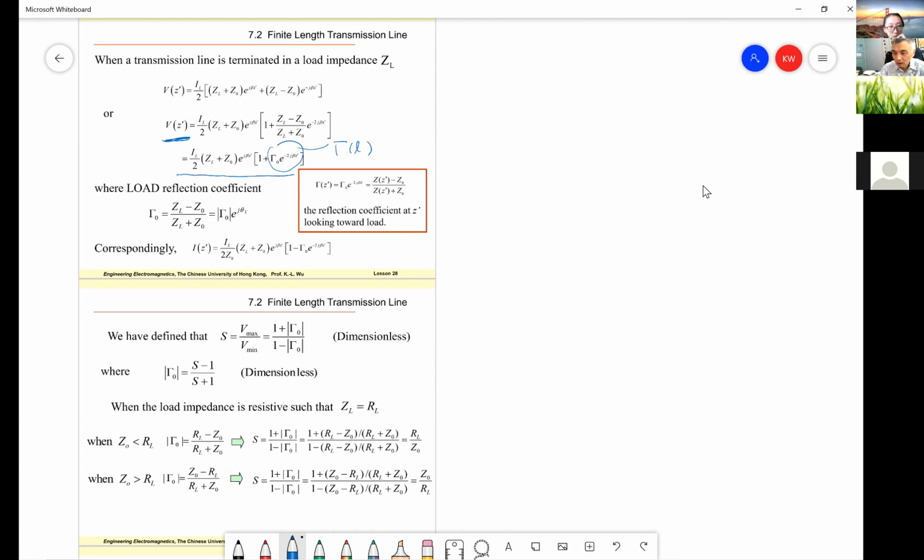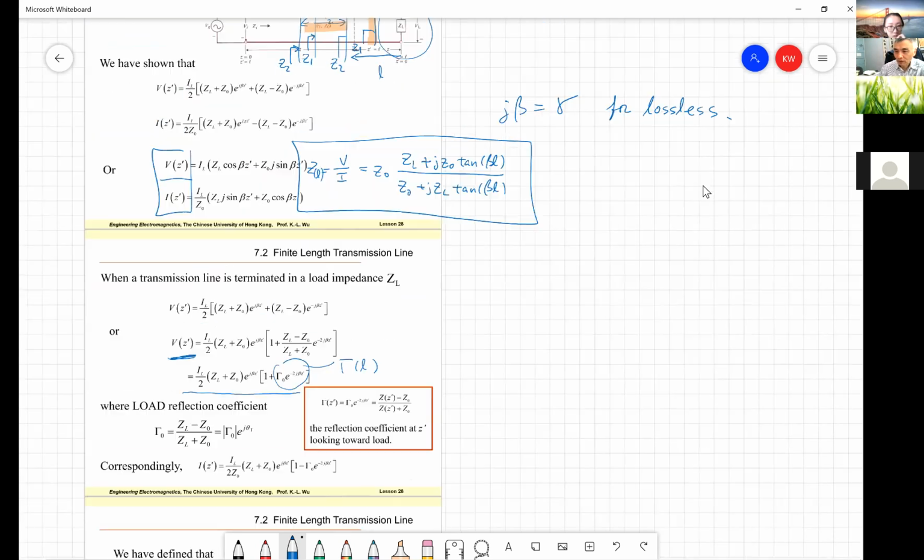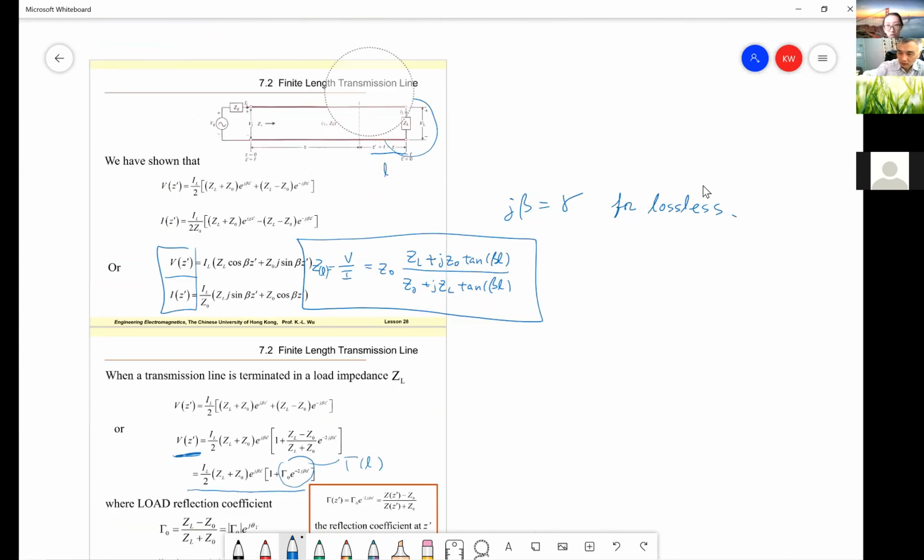That means if you have a transmission line, this load at any location, this is our load, right? Then you have a reflection coefficient.